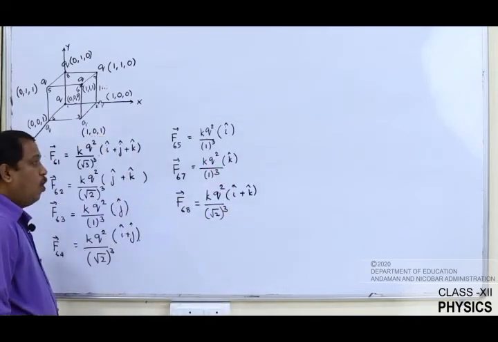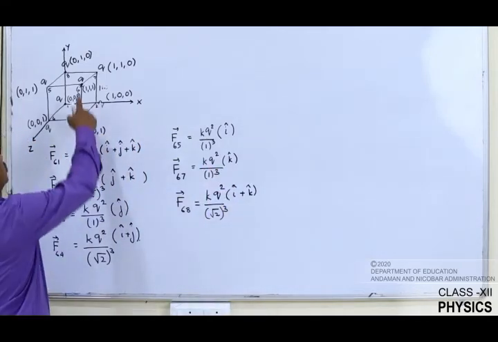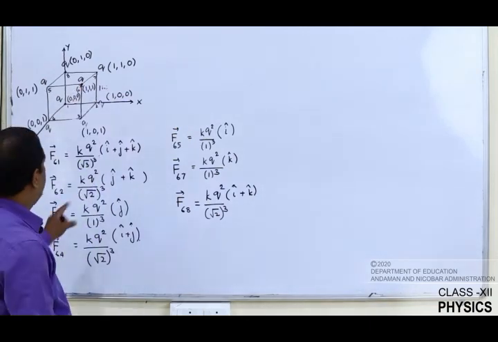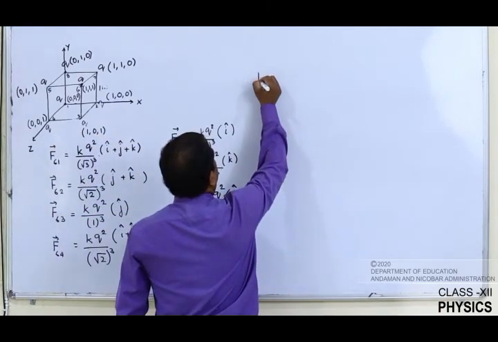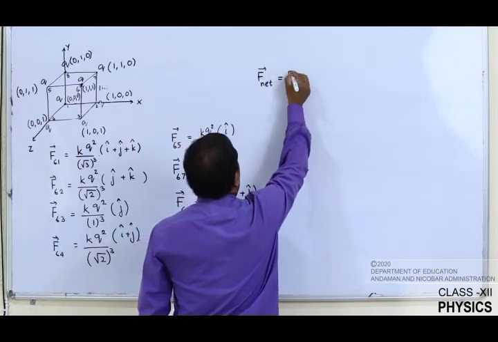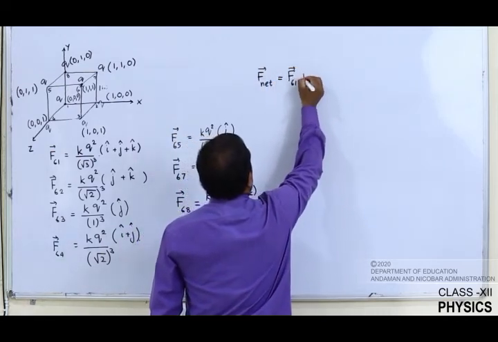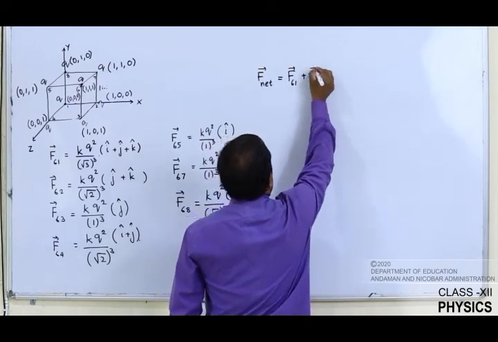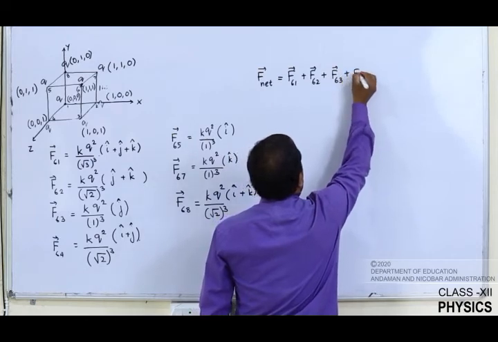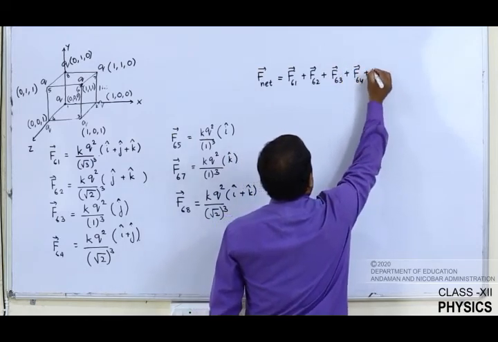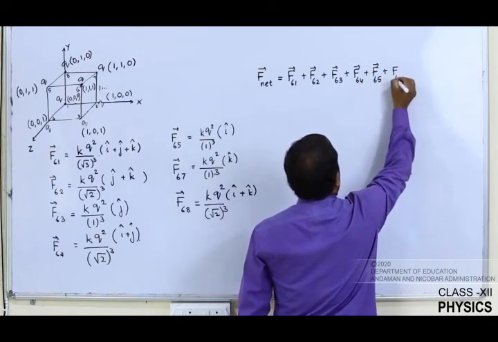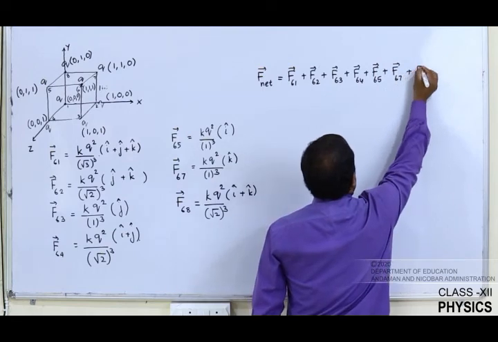So I have calculated all the 7 forces that the charge placed at the 6th vertex will experience, and I want to find the net force. So the net force is very simple. F net will be the vector sum of all the forces: F62, F63, F64, F65, F67 and F68.